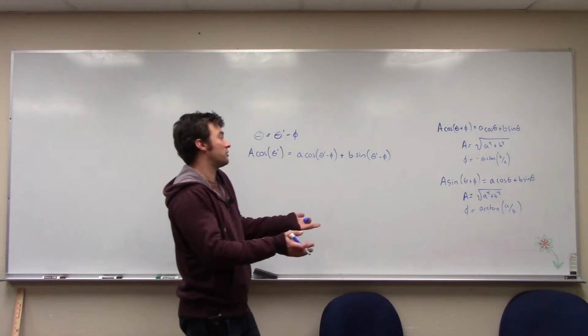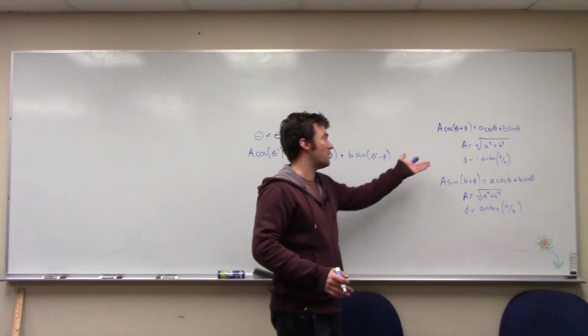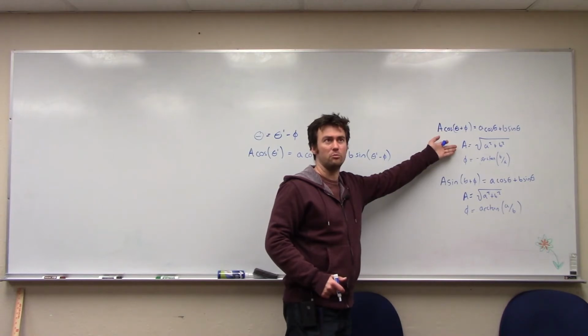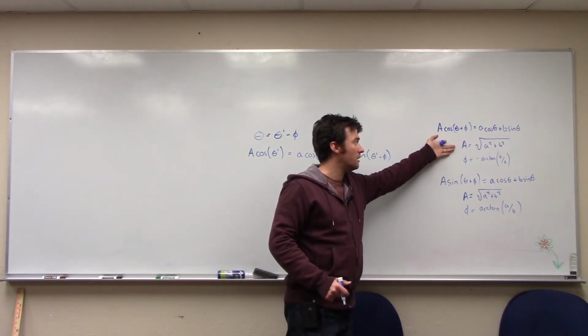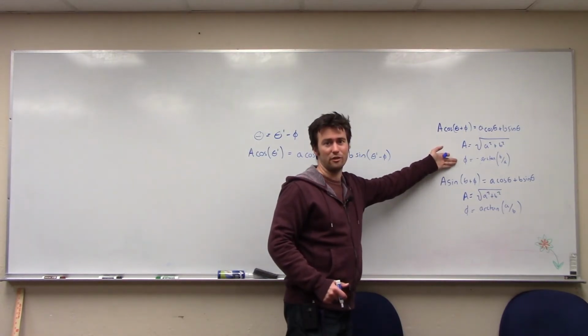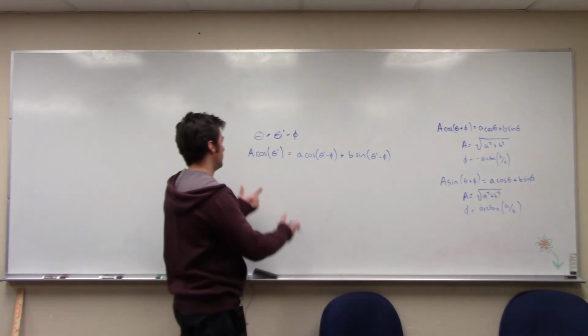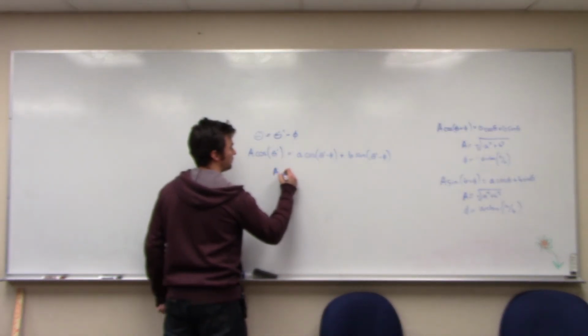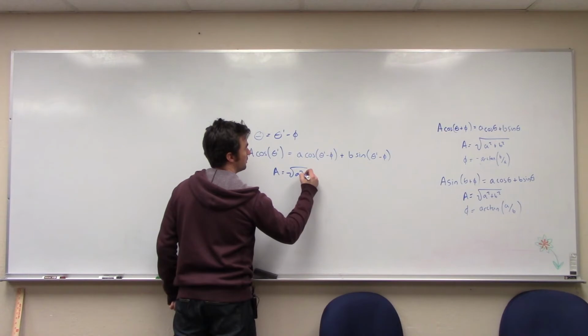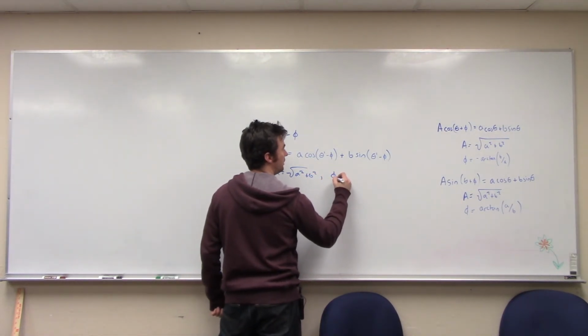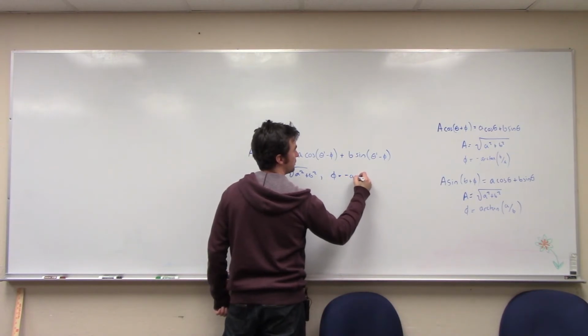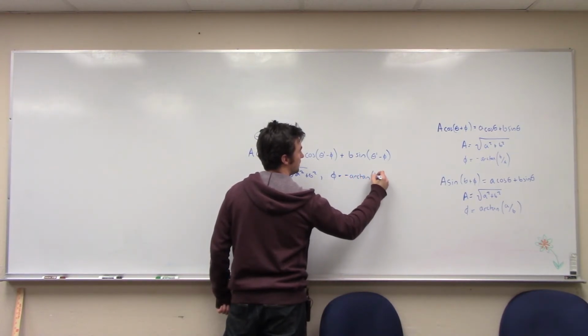You can think of it as, I'm going to take theta and make the substitution theta prime minus phi right here. If I do it to this expression, it doesn't change, and if I do it to this expression, that doesn't change either. So for this, A is equal to the square root of a squared plus b squared, and also phi is negative arctangent of b over a.